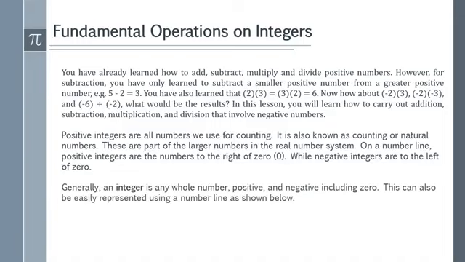Generally, an integer is any whole number, okay? When we say integer, any whole number, it could be positive, negative, and even 0. So again, negative and positive and 0 are integers. This can also be easily represented using a number line as shown below.